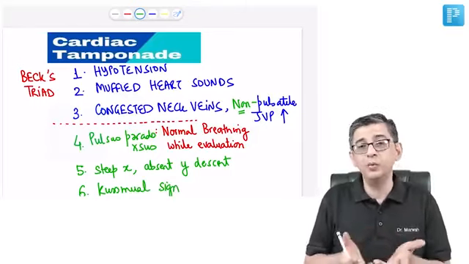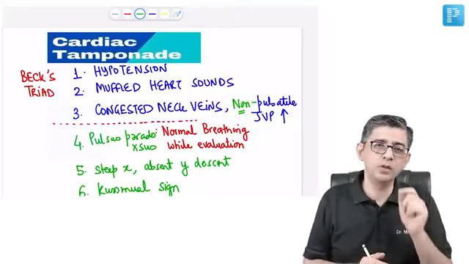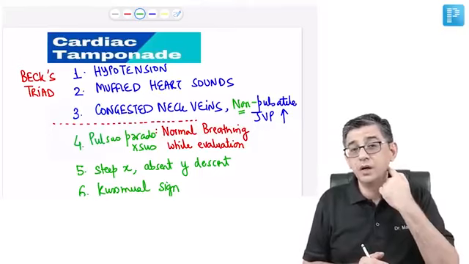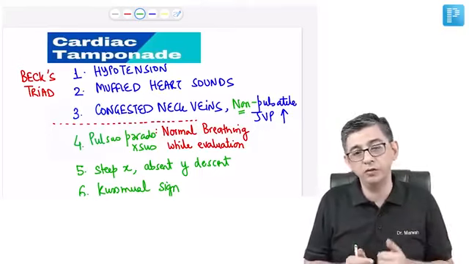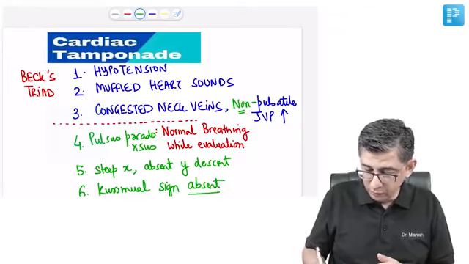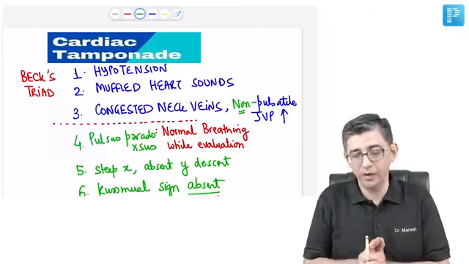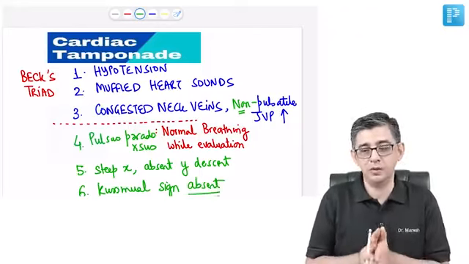But here there are no pulsations. For Kussmaul sign to be appreciated, I said Kussmaul sign is a paradoxical rise. If there are no pulsations, I can't say whether it is rising or falling. So I am writing here Kussmaul sign is absent. Points 4, 5, 6 need the respect that they deserve from the question's perspective.